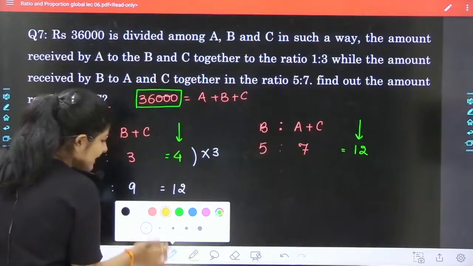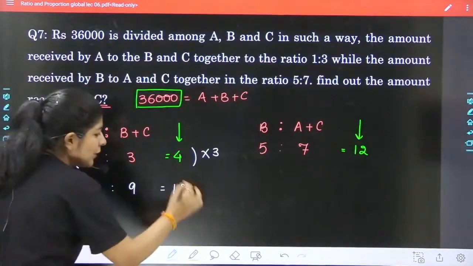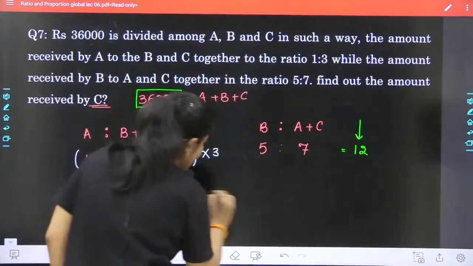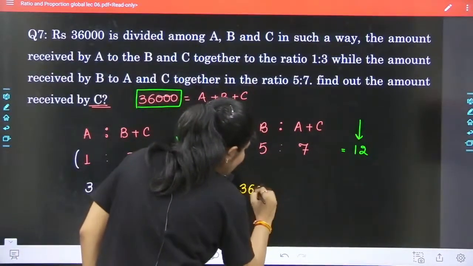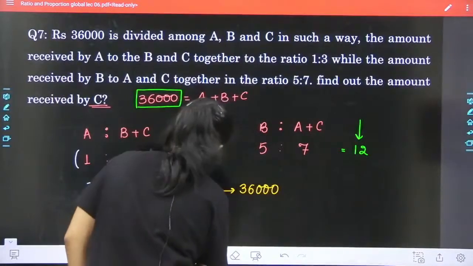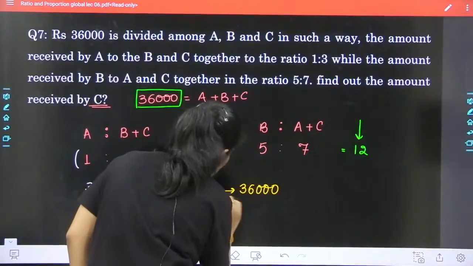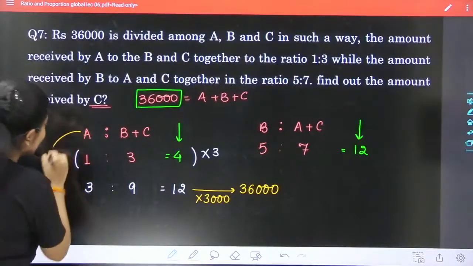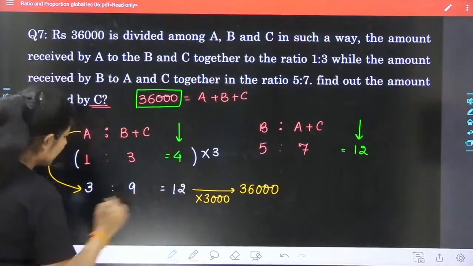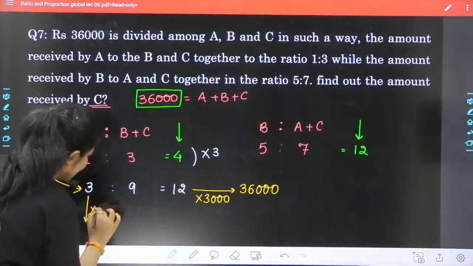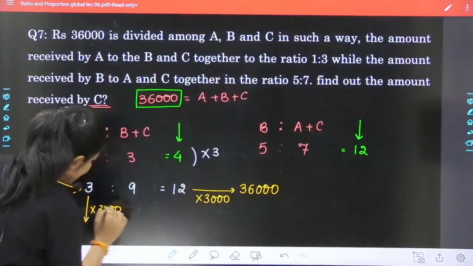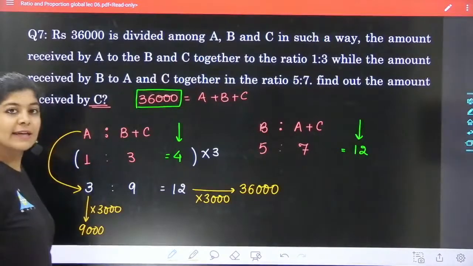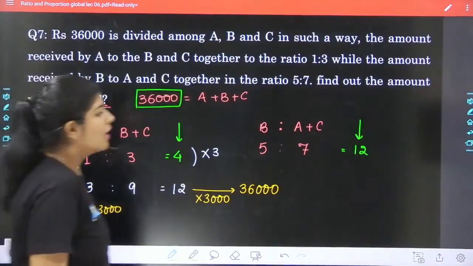So if I say that out of these 12, which is equal to 36,000 rupees, that is present on the multiple of 3,000 rupees, right? If A is getting 3 rupees out of 12, that means A is getting 9,000 rupees. A is getting 9,000 rupees.